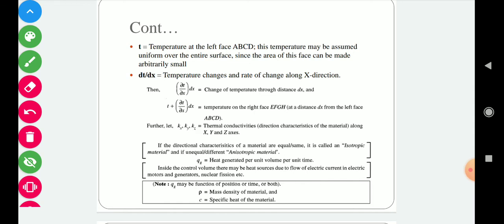Now Qg will be the heat generation per unit volume per unit time, rho is the density of the material, and C is the specific heat of the material.